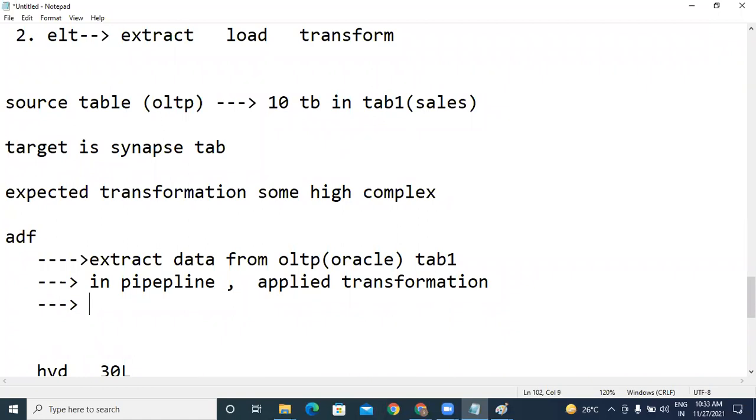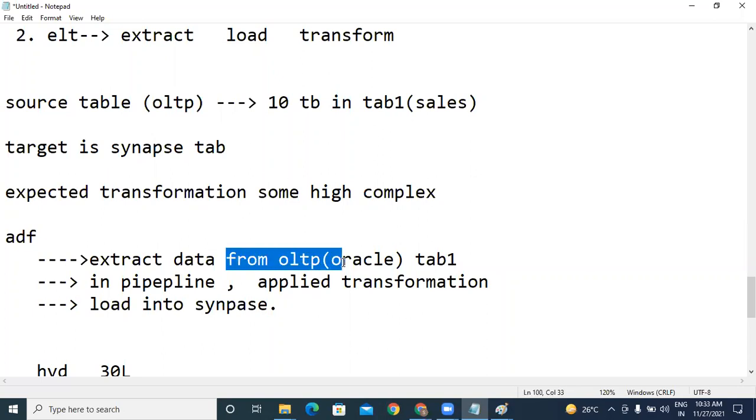The final destination of my pipeline is Synapse, that means load into Synapse. Is my source in cloud or on-premise? My source is on-premise. I'm extracting data, running some transformation, and then finally loading into Synapse. If this work is executed by ADF itself, it may take hours or even days.